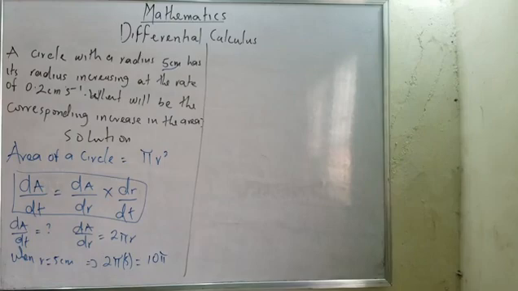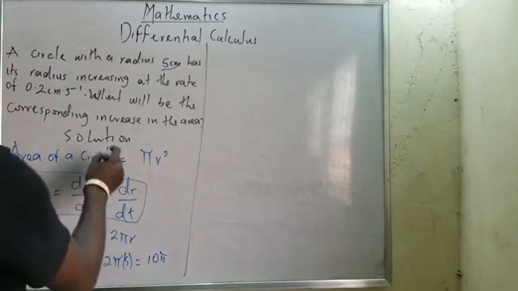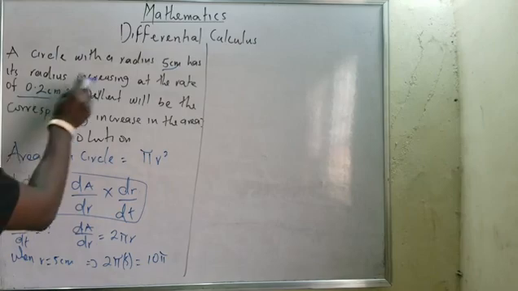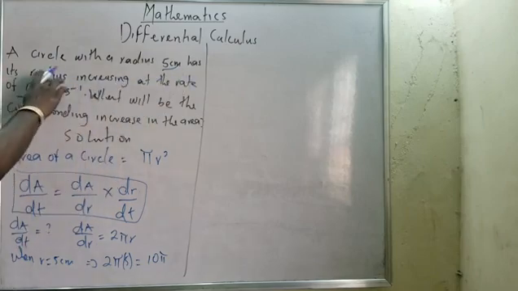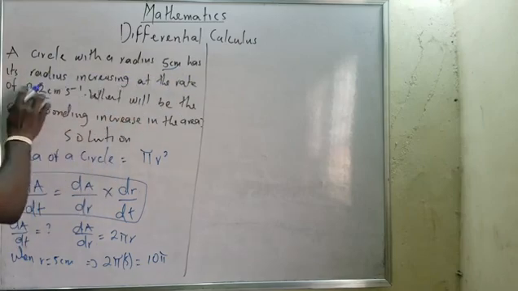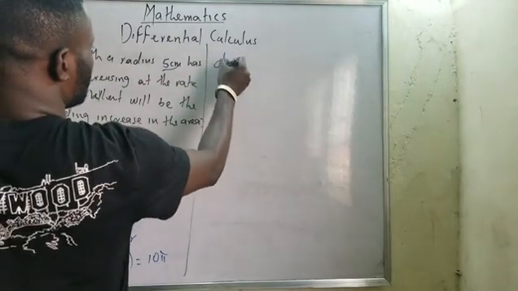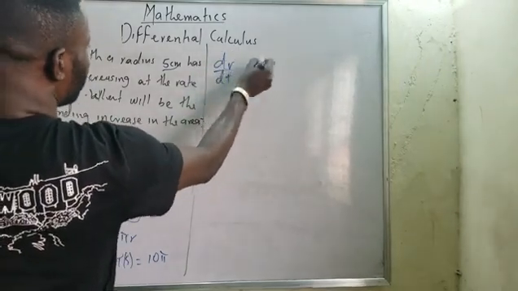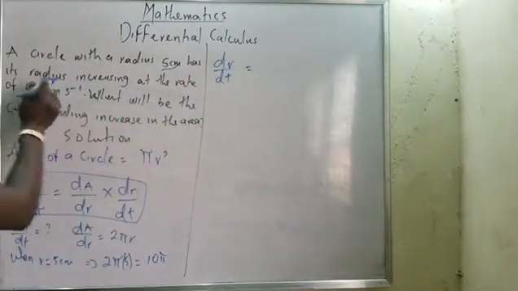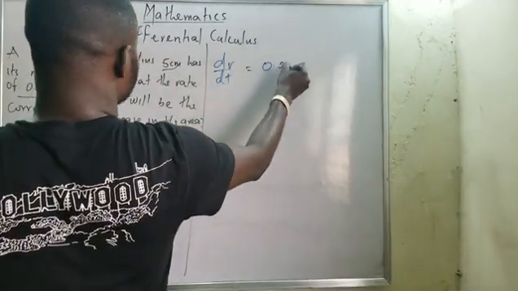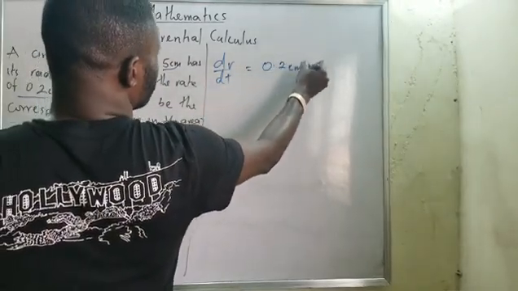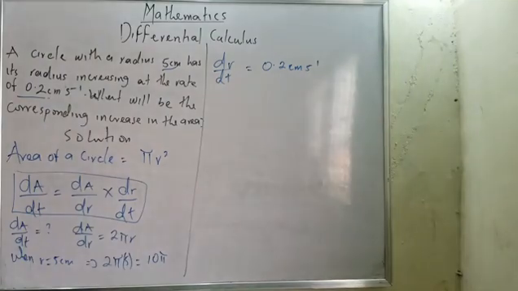Now, from the question, as its radius increases at the rate of this, it means that dr/dt equals 0.2 centimeter per second. That is my dr/dt.